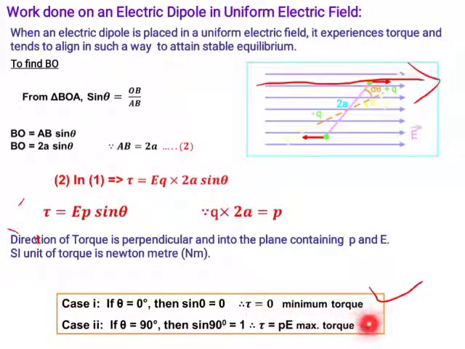The moment of force is more here. When is this possible? If the dipole is perpendicular to the electric field. So this is the perpendicular line. If we keep the dipole perpendicular to the electric field, then only do we observe maximum torque.